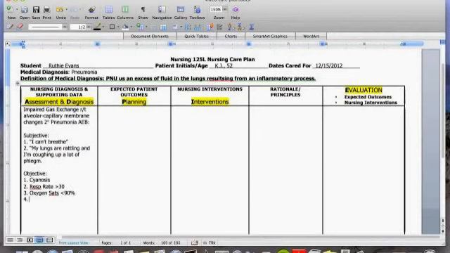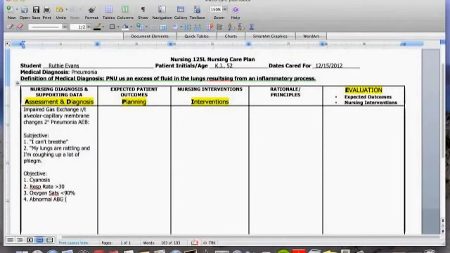I also noticed when I looked at her chart that she had abnormal ABGs. And hopefully you guys have heard about these ABGs. They're arterial blood gases, and they're a lab that you'll be becoming familiar with if you haven't already. But let's make this a little more specific.